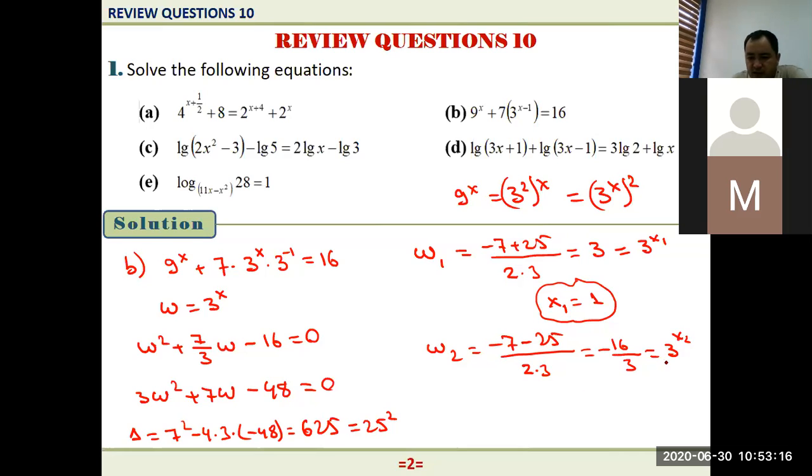And here we know that a positive number raised to some power is never a negative number. On the left hand side, we have a negative number. On the right hand side, we have a positive number. So this has no solution, okay? So the solution of the given equation is only 1. It has only one solution.